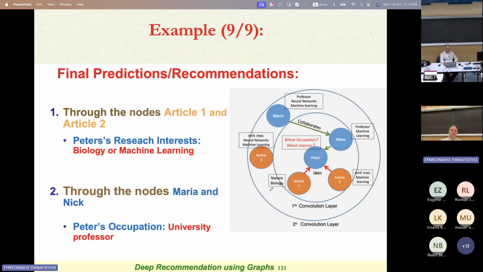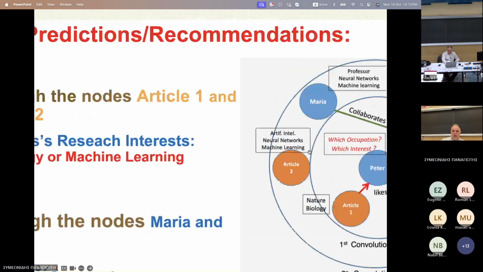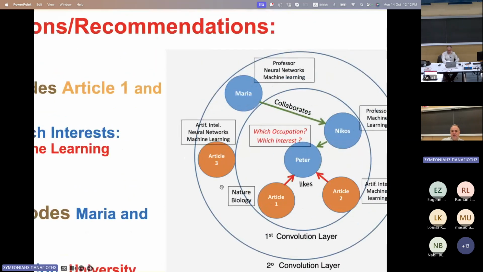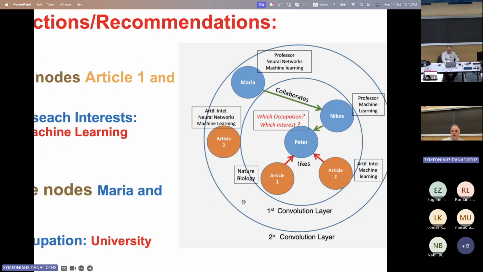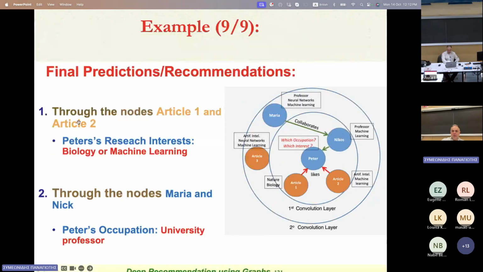Okay, so in the end, what will be the final predictions? We will now, based on our intuition. Okay, so if we see here, this is the title, and this is the scientific field. Based on Article 1 and Article 2, Peter's research interest is biology or machine learning.